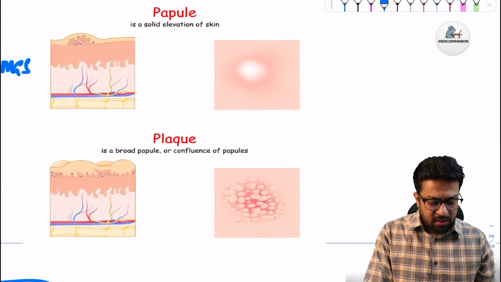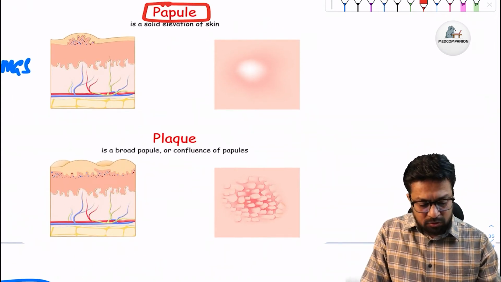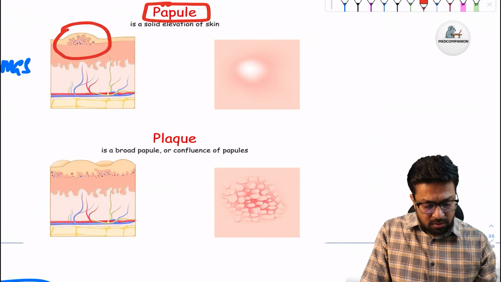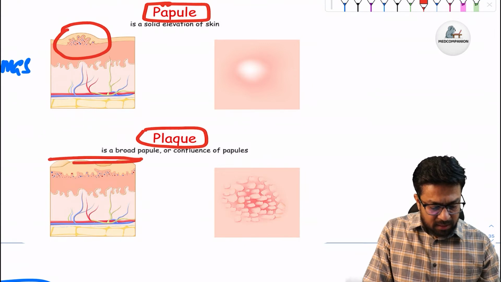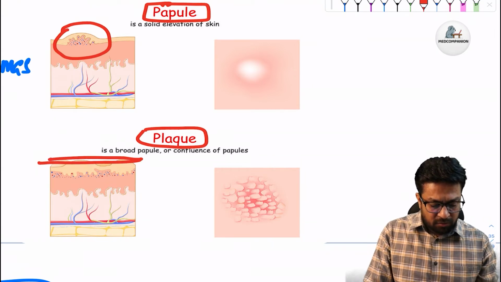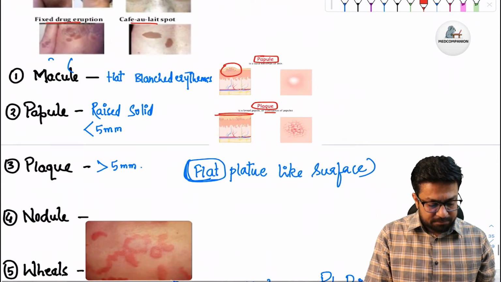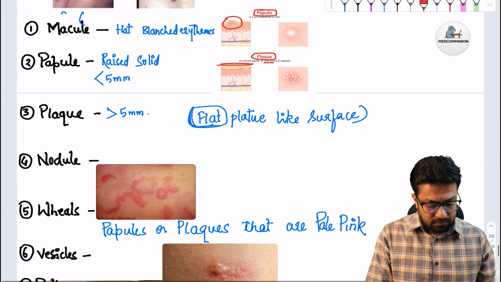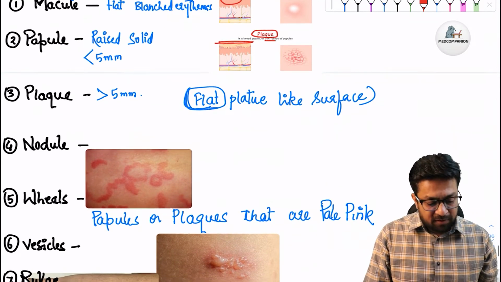Here you can see in this image the papule and the plaque. A papule is round and elevated, and plaques are flat, and they often coalesce together, forming a big raised flat structure.